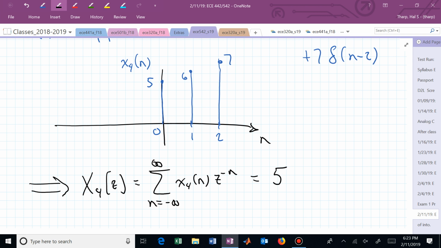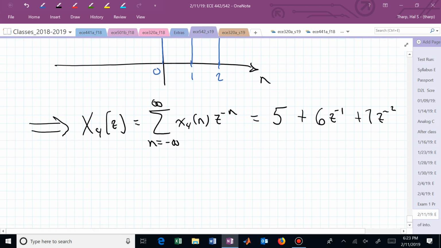Then when n is equal to 1, we have 6 z to the minus 1 plus 7 z to the minus 2. Or our z transform is now 5 plus 6 over z plus 7 over z squared.